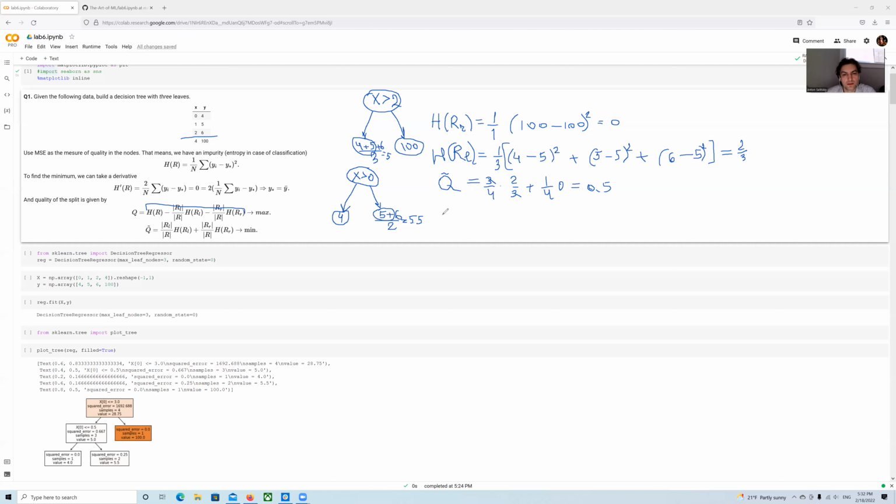Let's look at the second split. In this case, our right branch contains 2 numbers: 5 minus mean value squared plus 6 minus mean value squared.